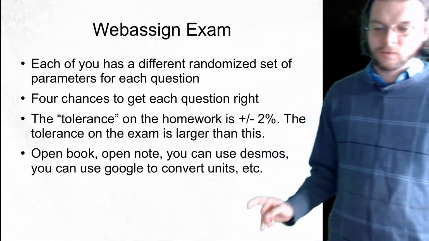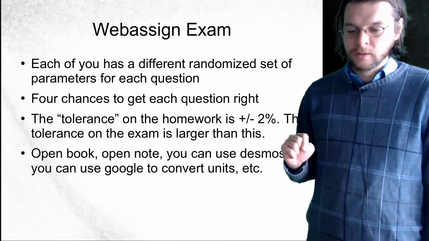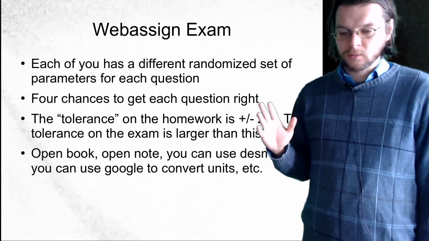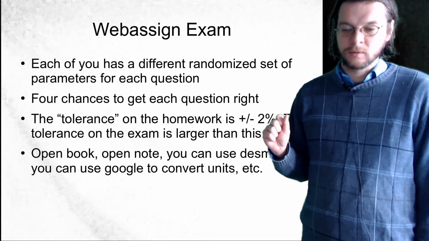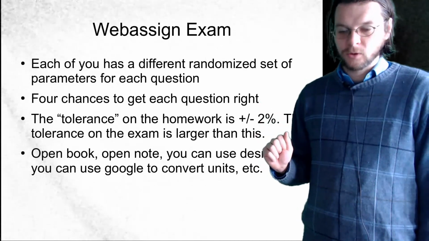So I've configured the exam to have a larger than plus or minus 2% tolerance. I don't want to say exactly what the tolerance is on the exam, but it's more than this, which I hope is helpful.